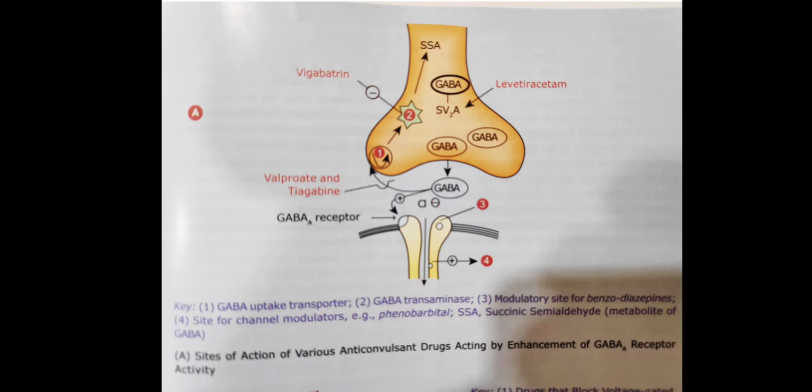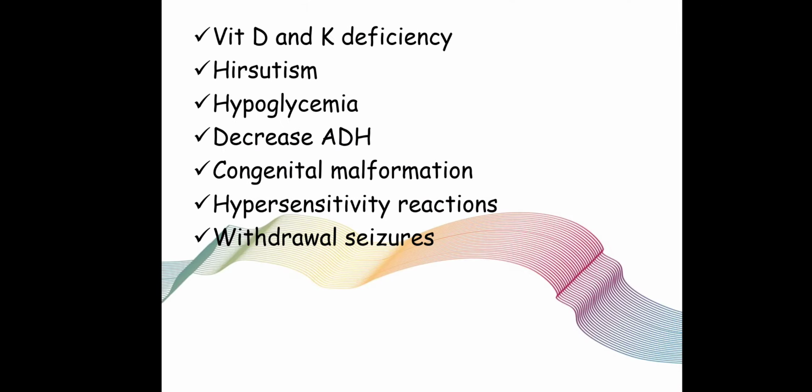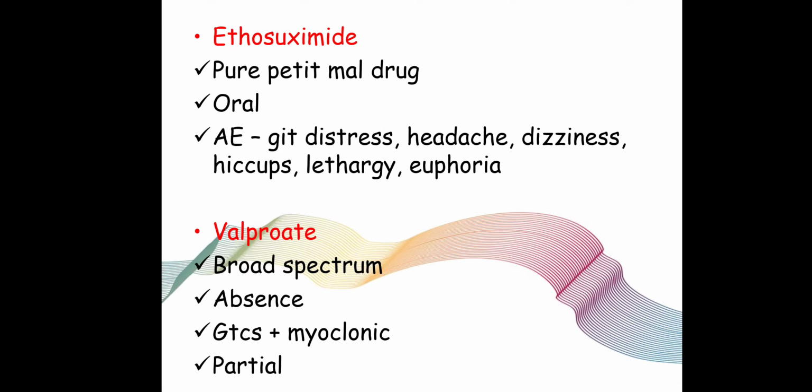Then here GABA transaminase inhibition also by valproate. Here you can see valproate. Here also the sodium channel. So multiple sites of action. That's why it is broad spectrum and can be used in multiple types of epilepsies, right? So it can be used in absence seizure because it blocks calcium channels; it blocks sodium channels, so it can be used in GTCS and myoclonic seizures, and can be used in partial seizures also.